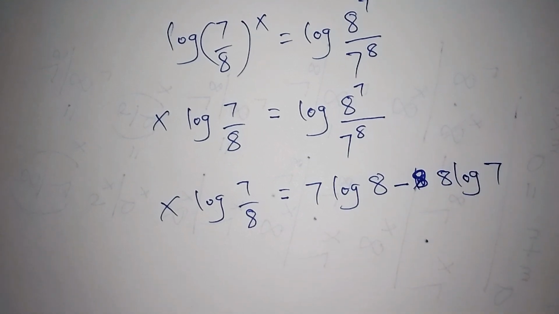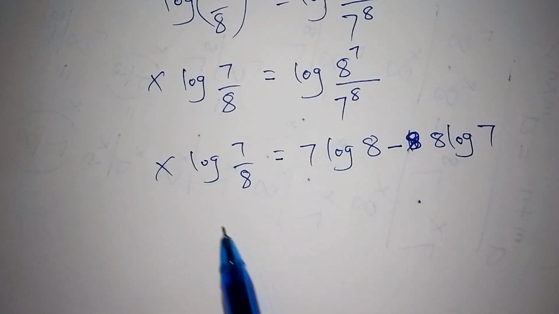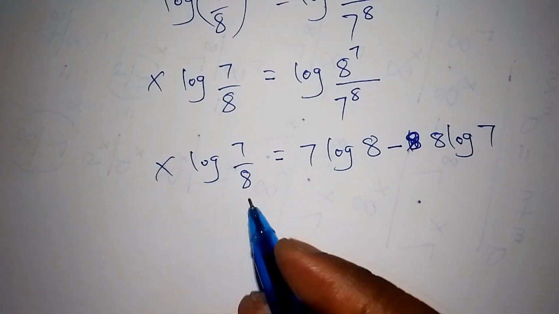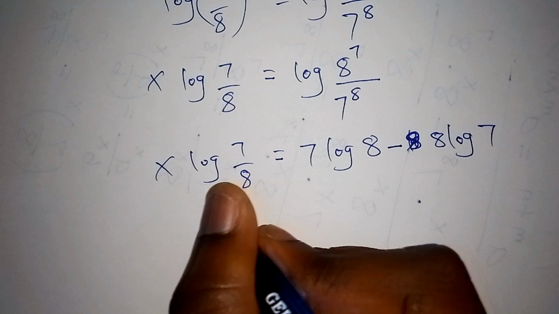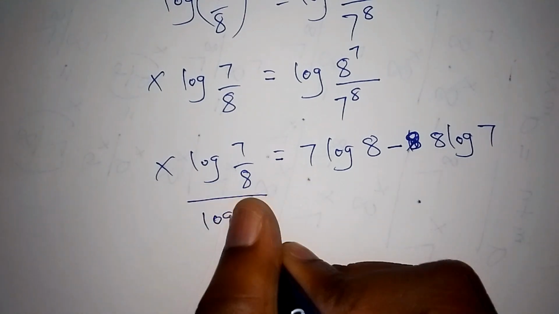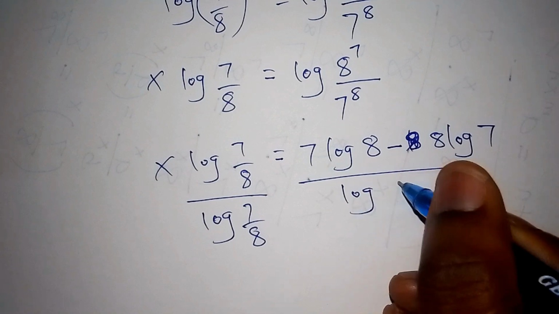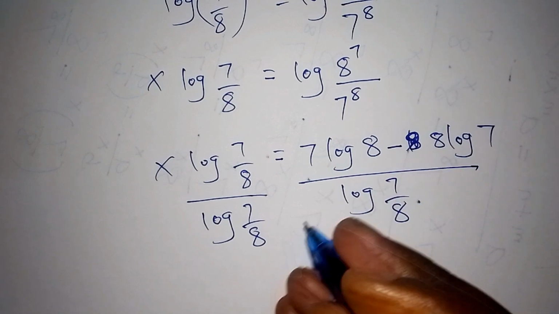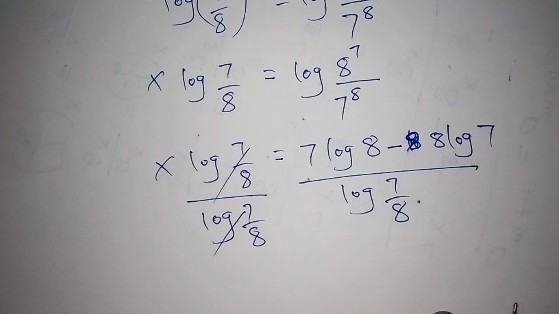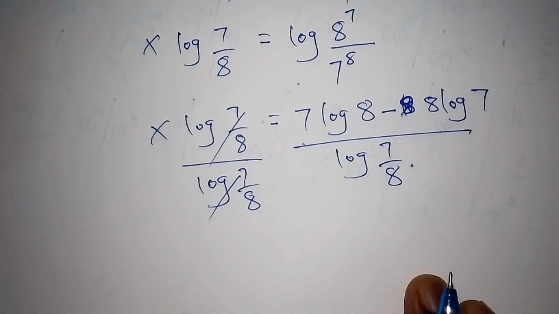In that case, we shall remain with the value of x on this side. So we shall be forced to divide both sides by the log of 7 over 8, so the log of 7 over 8 and the log of 7 over 8 cancel.